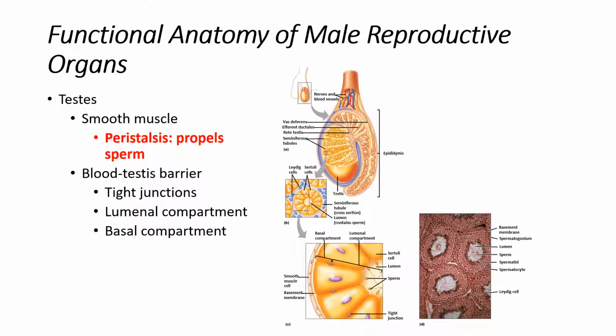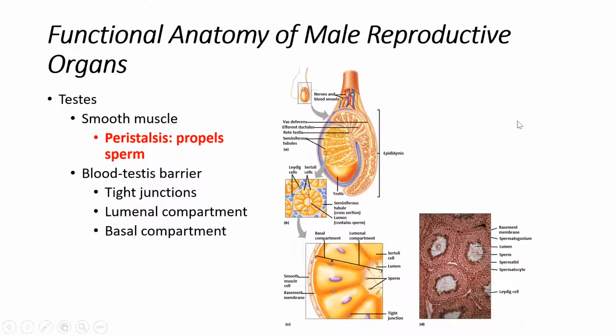And as you would imagine, the reason for that protection is really to protect the integrity of sperm. Remember, sperm are the gametes that are responsible for reproduction, responsible for producing new offspring, carrying on the life form. So it's really important to protect these cells and exclude them from any kind of injury or any kind of toxins that could be circulating in the blood.